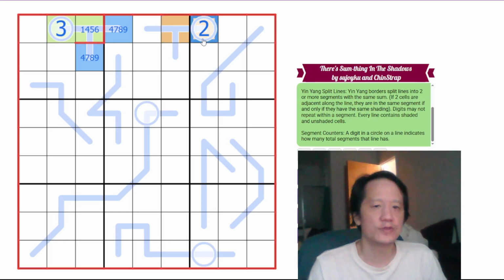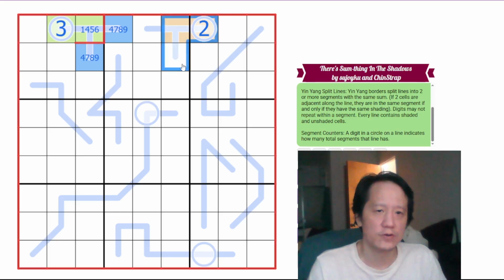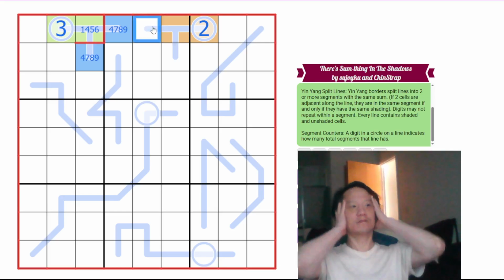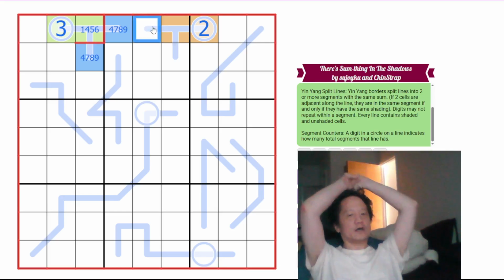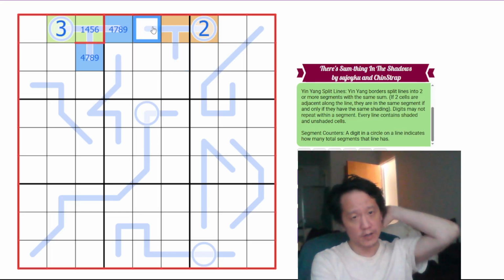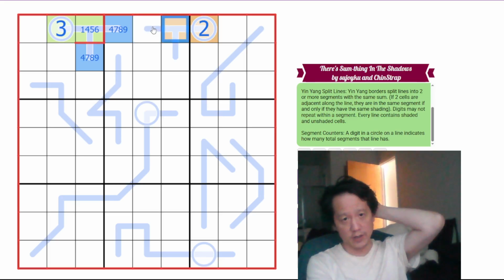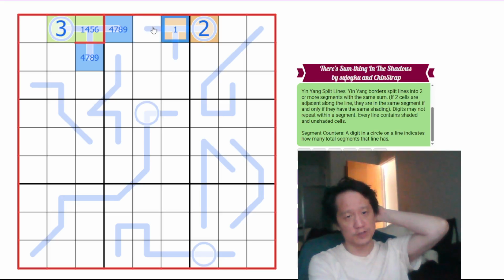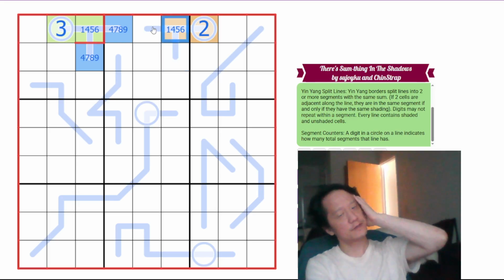This has to be 3 digits added together to add up to 1. So that must mean one of these is 6, 7, 8, or 9. And this must be 1 through 6. 1, 4, 5, 6.